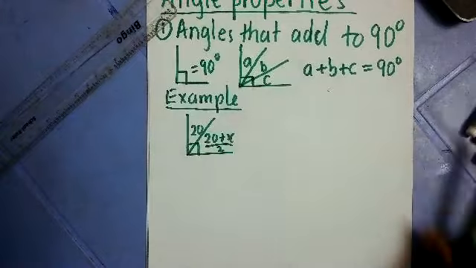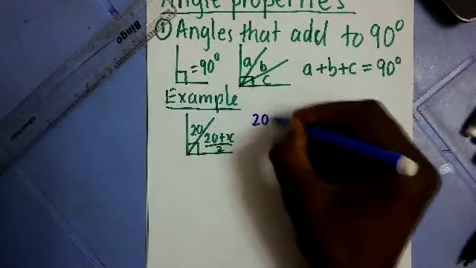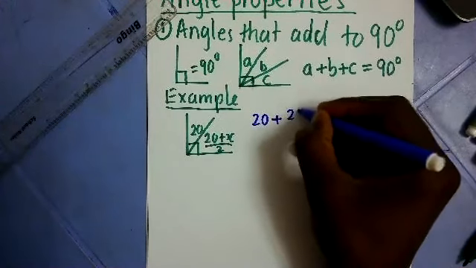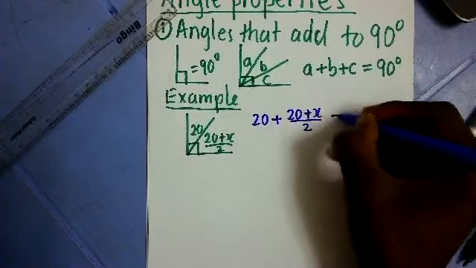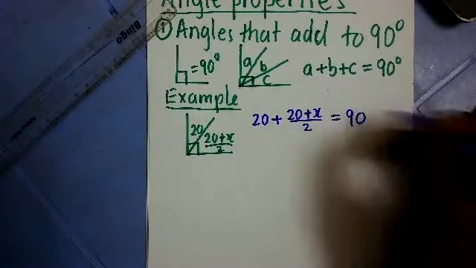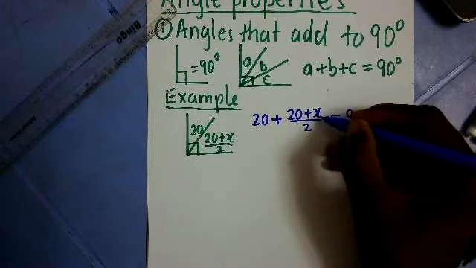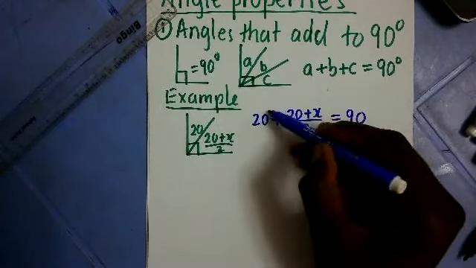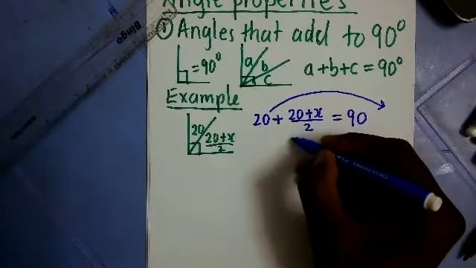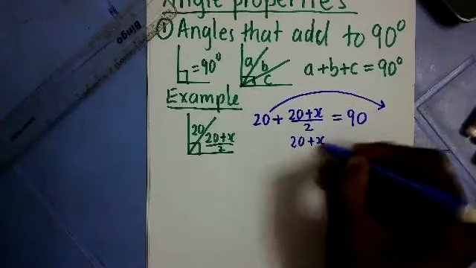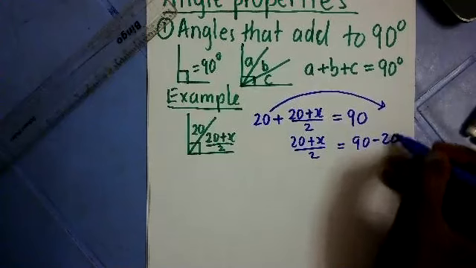So basically, I just have to say 20 plus the second angle, that is 20 plus x over 2, should be able to give me 90 degrees. Now, in order for me to find the value of this x, I will have to shift 20 to this side, and I'll get 20 plus x over 2 is equal to 90 minus 20.